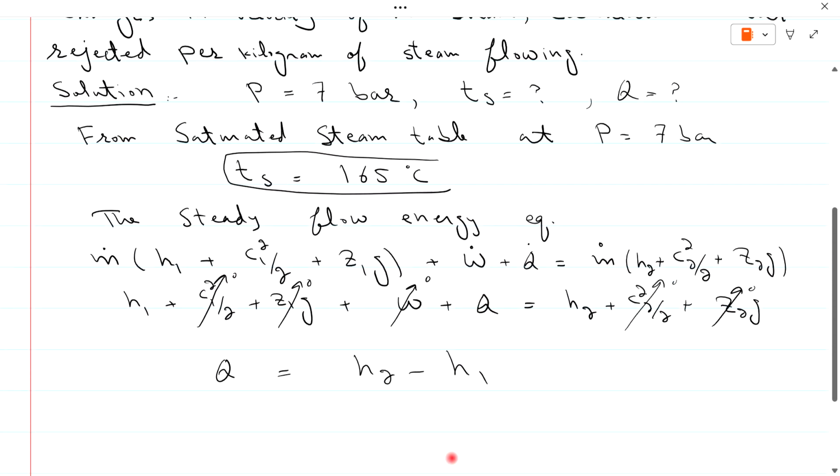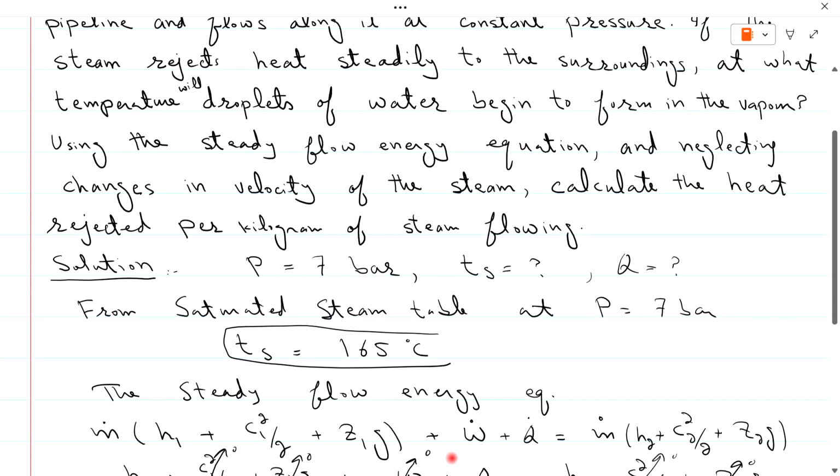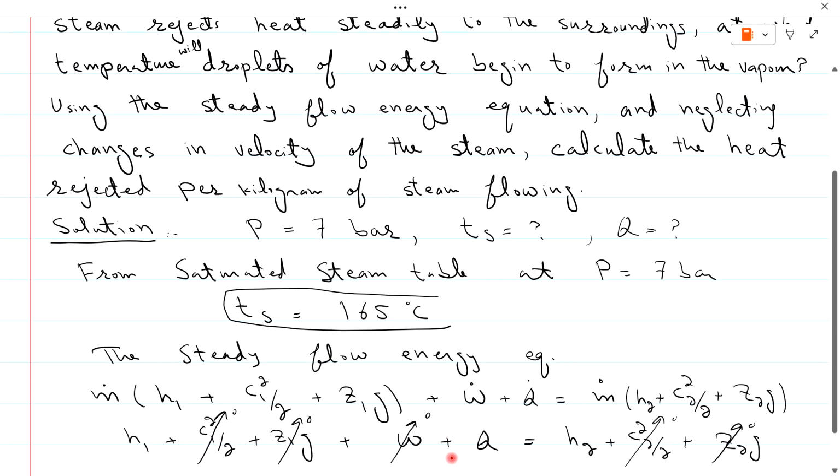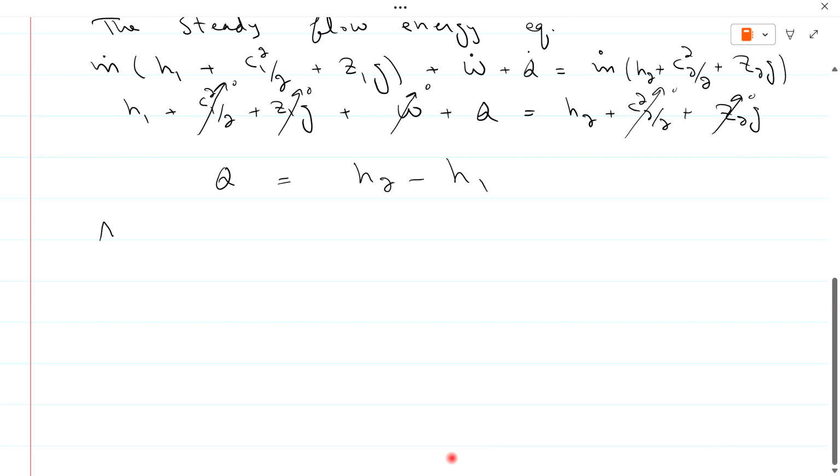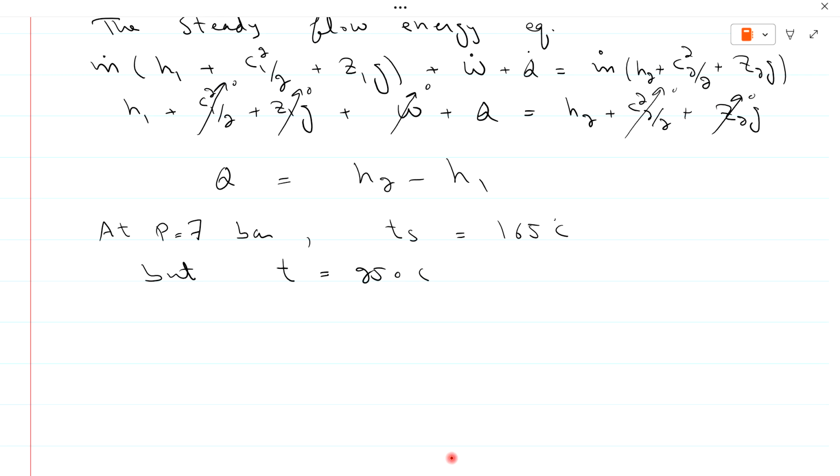If we check the saturated steam table, at 7 bar the saturation temperature Ts is 165 degrees centigrade, but the temperature given to us is 250 degrees centigrade.